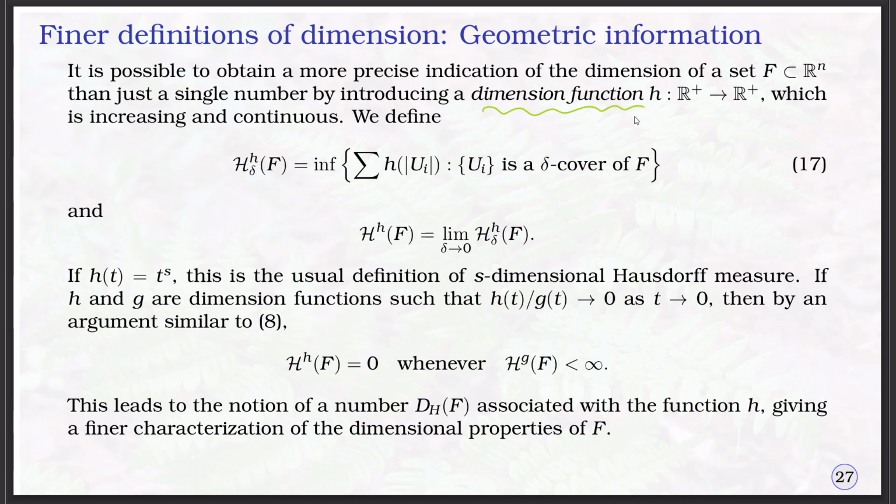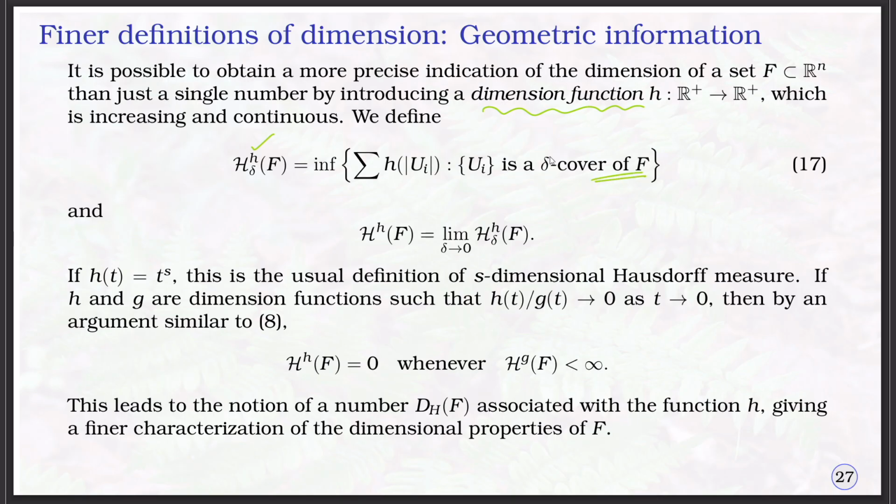We consider a test function h which is increasing and continuous. We define H^h_delta(F) as the infimum of the sum of h(|U_i|), that is h of the diameter of U_i, where U_i is a delta cover of F.